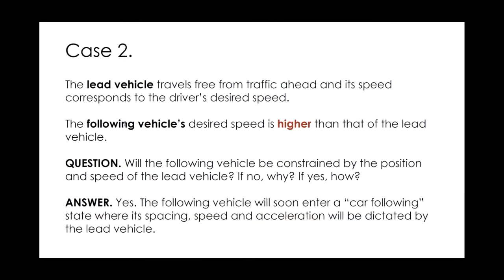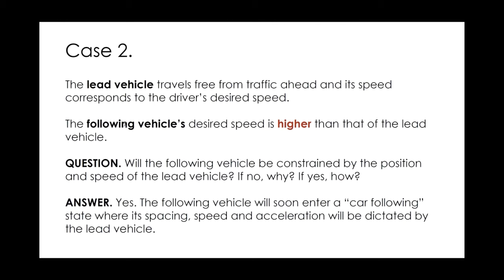However, in case two, imagine the lead vehicle, again, is traveling with free flow speed, with whatever desired speed the driver wants. And here, the follower's desired speed is actually higher than the lead vehicle. So I have a leader, I have a follower, and the follower is going faster than the leader.